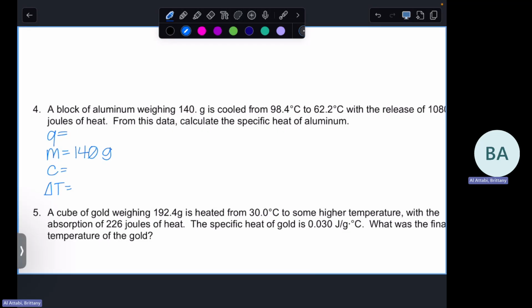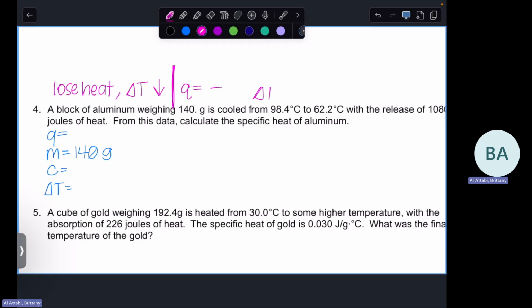So if we lose heat, or our change in temperature is that our temperature is decreasing, Q is going to be negative because it's losing it. Just like if you spend money, the dollar amount is going to be negative because you're decreasing by that amount, right?